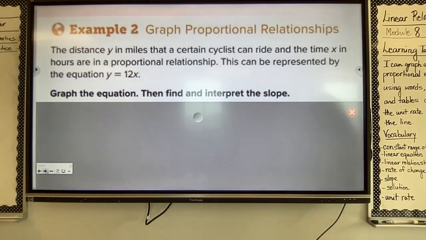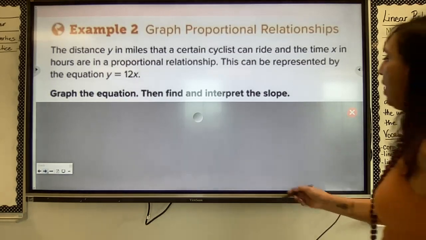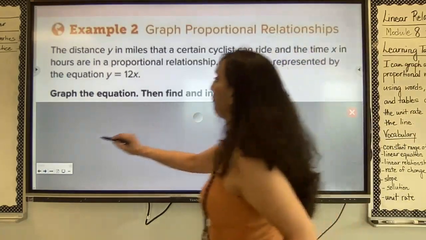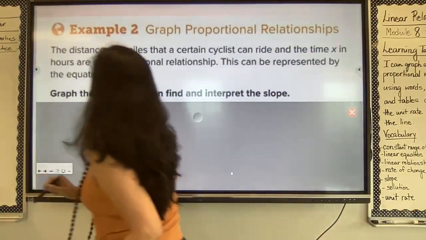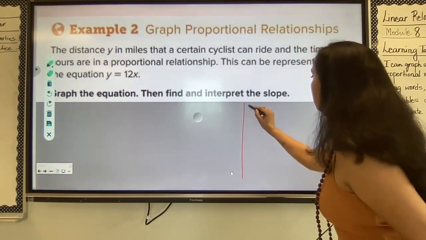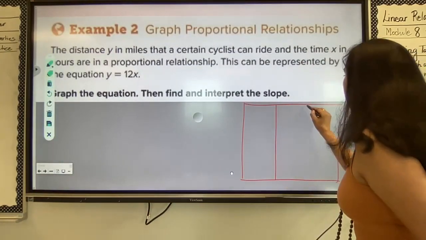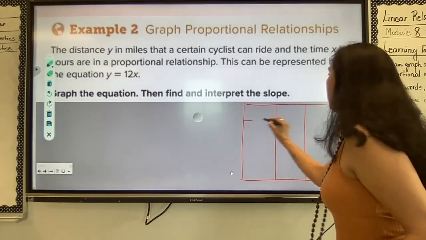So if you've got the rule y is equal to 12x, I create a table with 3 parts.